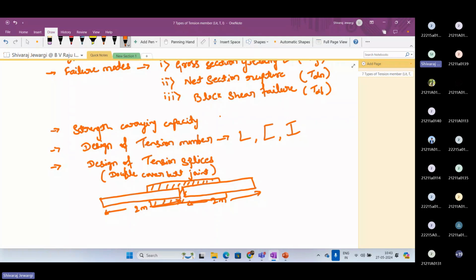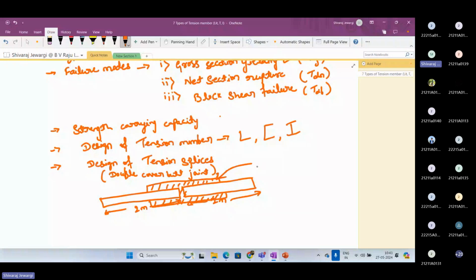This is also nothing but a splice plate. You need to design it; particularly if you want to design a tension splice here, you need to calculate or design the dimensions of a splice plate: the width of the splice plate, the thickness of the splice plate, and the length required.